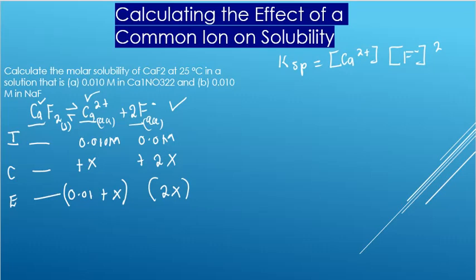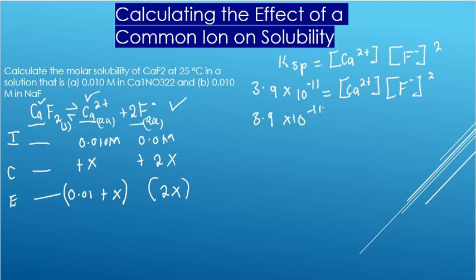So our KSP is supposed to be 3.9 multiplied by 10 to the power negative 11. And that will equal to, we have our calcium here, and we have our fluorine here. And of course, this is just the same as 3.9 multiplied by 10 to the power negative 11.